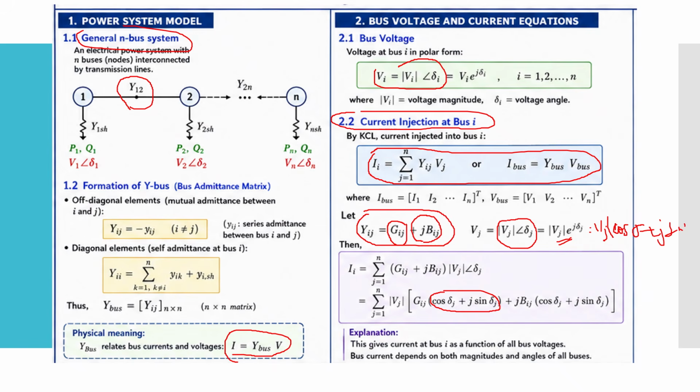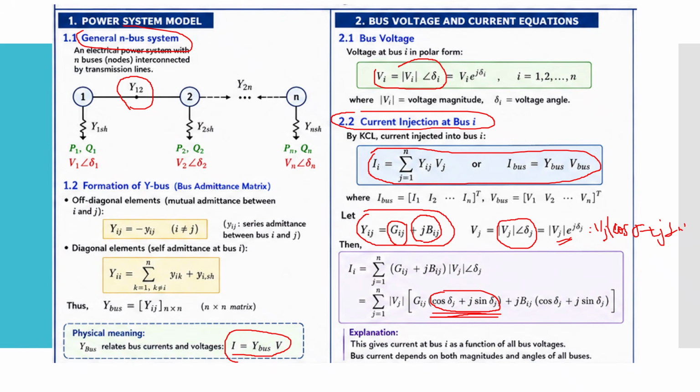So here what we did is that I is equal to Vj multiplied by the conductance times the angle part of the voltage, plus the reactance, the imaginary part of the admittance, multiplied by this magnitude. So this gives the current at a bus as a function of all buses. It's very simple.